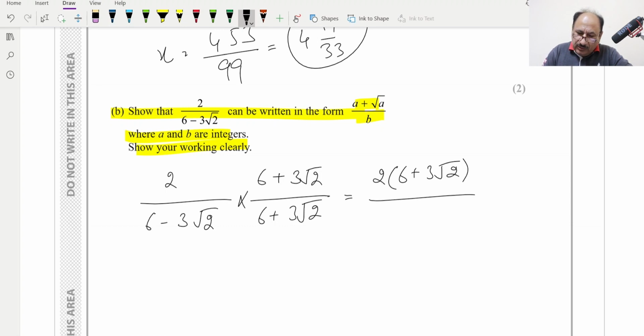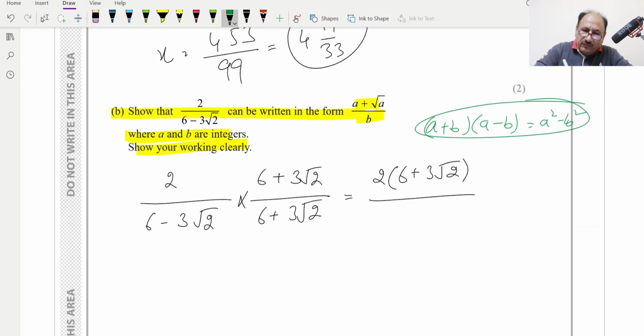And here we can apply the formula: a plus b into a minus b is equal to a squared minus b squared. This is the formula which we will apply on the denominator. So 6 squared minus 3 under root 2 whole squared.